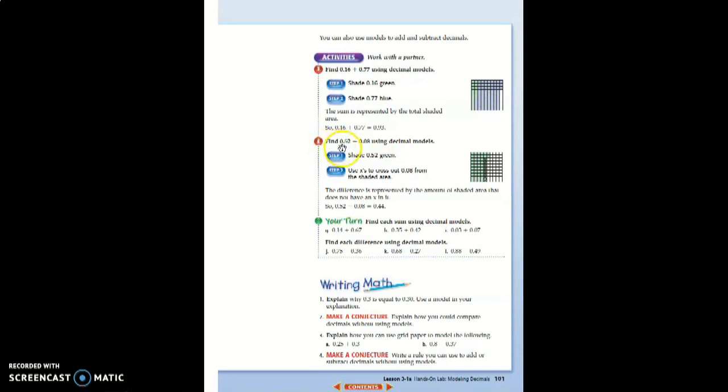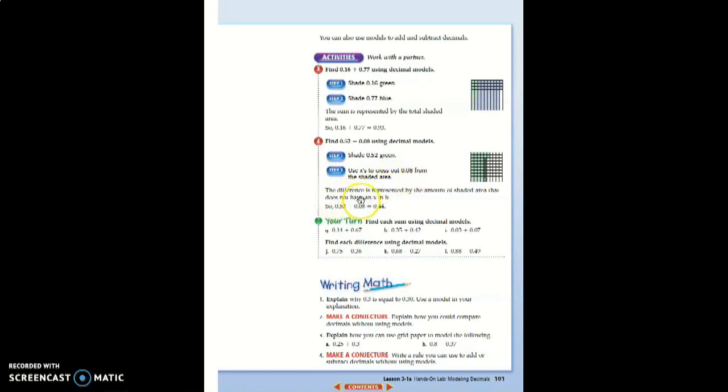Find 0.52 minus 0.08 using decimal models. Step 1. Shade 0.52 green. Step 2. Use X to cross out 0.08 from the shaded area.